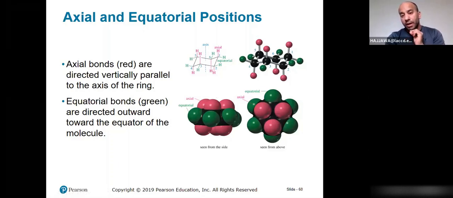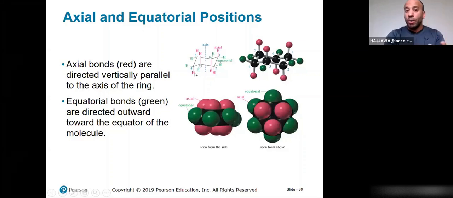You can see clearly here that the equatorial bond on carbon number one will be parallel to the adjacent bond, going in the opposite direction. Carbon number two, equatorial, parallel to the adjacent bond, going in the opposite direction. Equatorial, carbon number three, going parallel to the adjacent bond in the opposite direction.